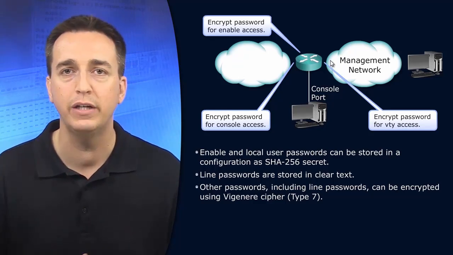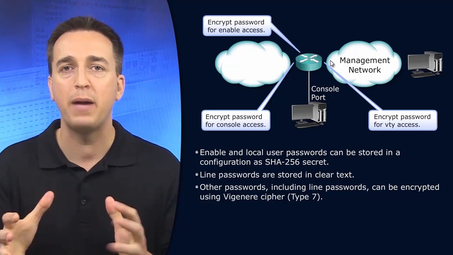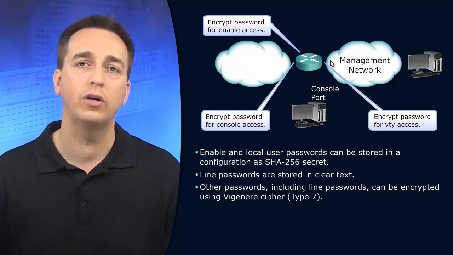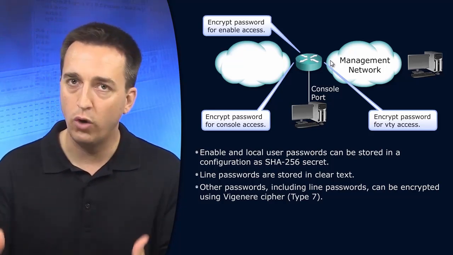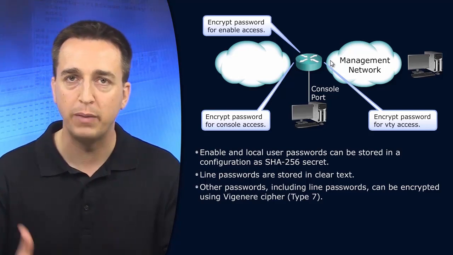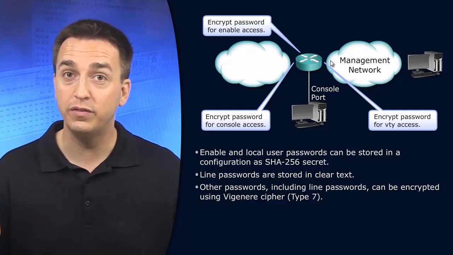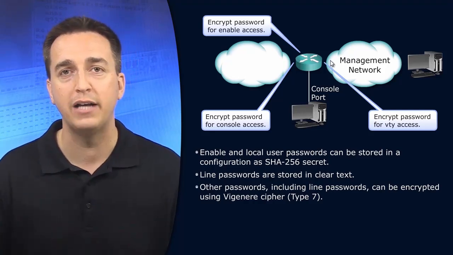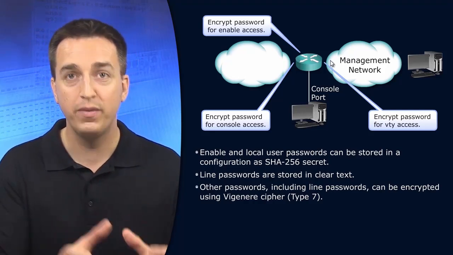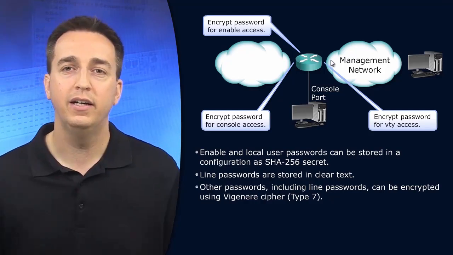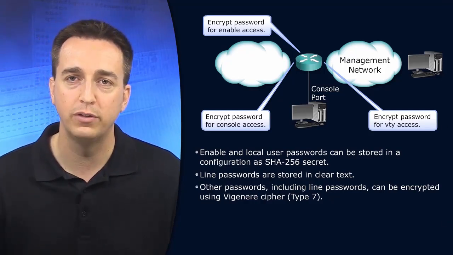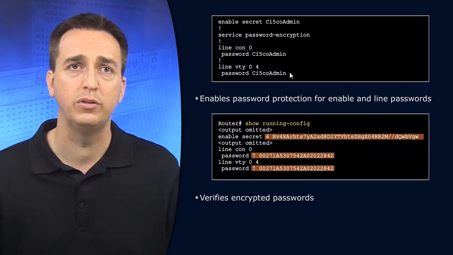When setting up usernames and passwords, if you use the username password command, that password is stored in plain text. If you want to protect that password, you use service password encryption. But you should be using SHA-256 for those usernames and passwords by using the username secret command instead of the username password command. So we can see some examples here.